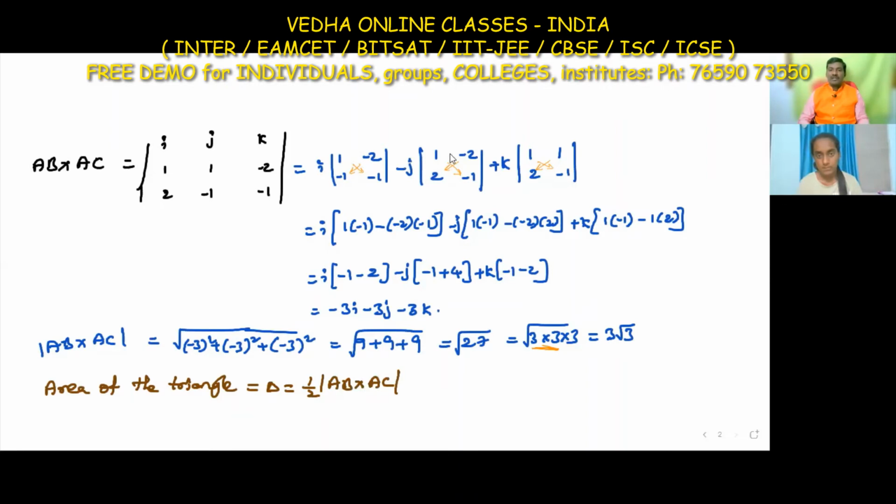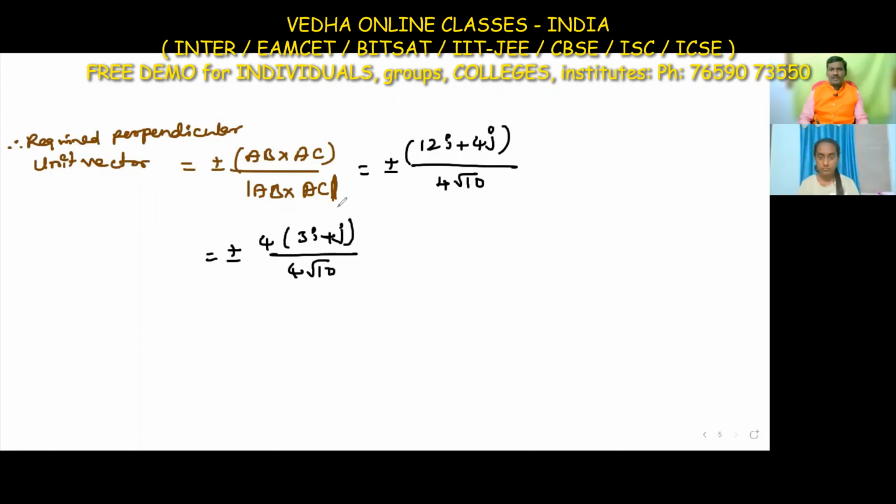Substituting the values, 1 by 2 into 3 root 3, which is 3 root 3 by 2 square units. This is the required solution.